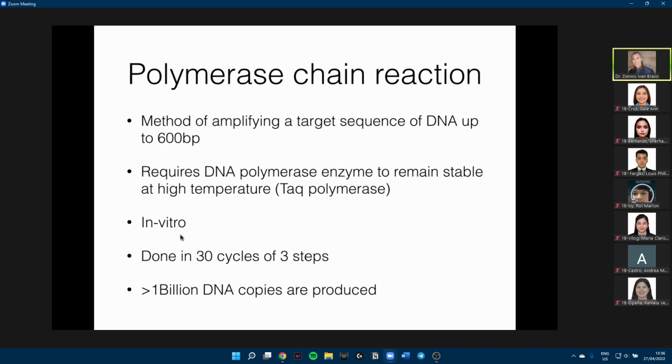And conventional PCR is composed of 30 cycles. Each cycle is made up of 3 steps. After the 30 cycles are over, we have generated more than 1 billion copies of DNA. This is enough copies for us to actually visualize them with our naked eye. They are visible because of the amount of DNA produced.